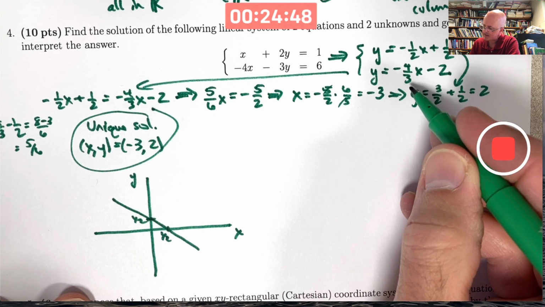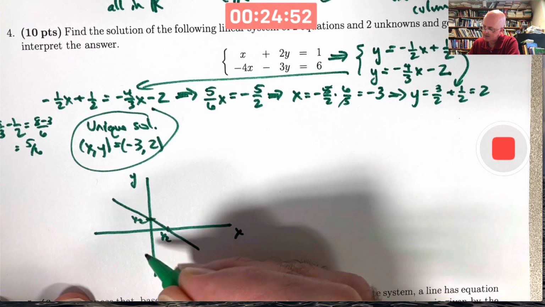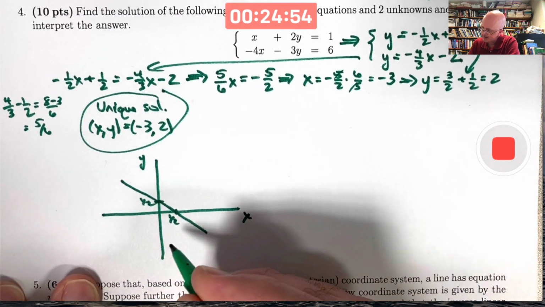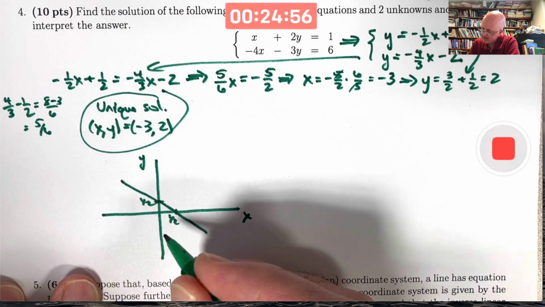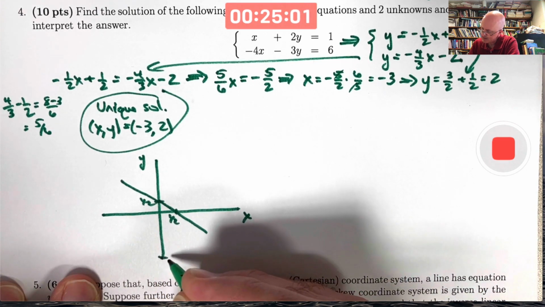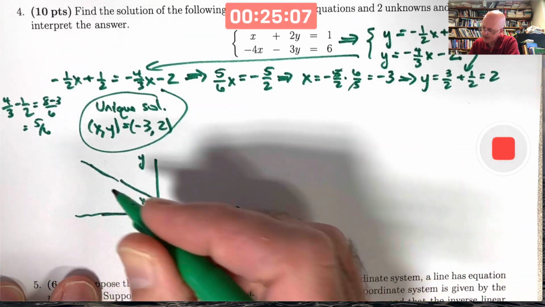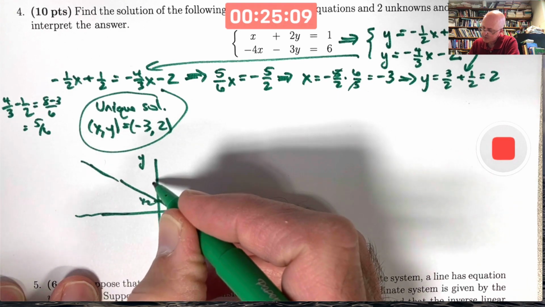Does that make sense? Okay, yeah, it's going to intersect over here. All right, I was thinking it was going to intersect over there. So negative 2 is maybe about like here or so. Slope of negative 4/3. We know they're going to intersect at the point negative 3, positive 2.